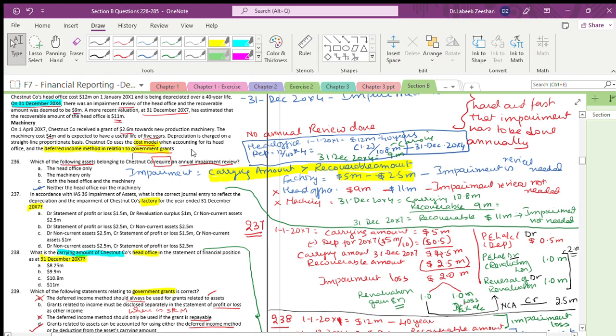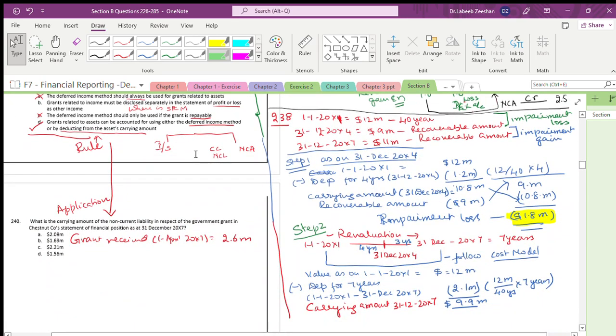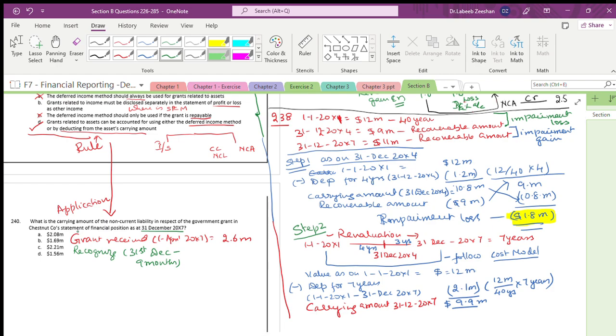Now they are asking for the amount recognized till 31st December. How many months? 9 months.